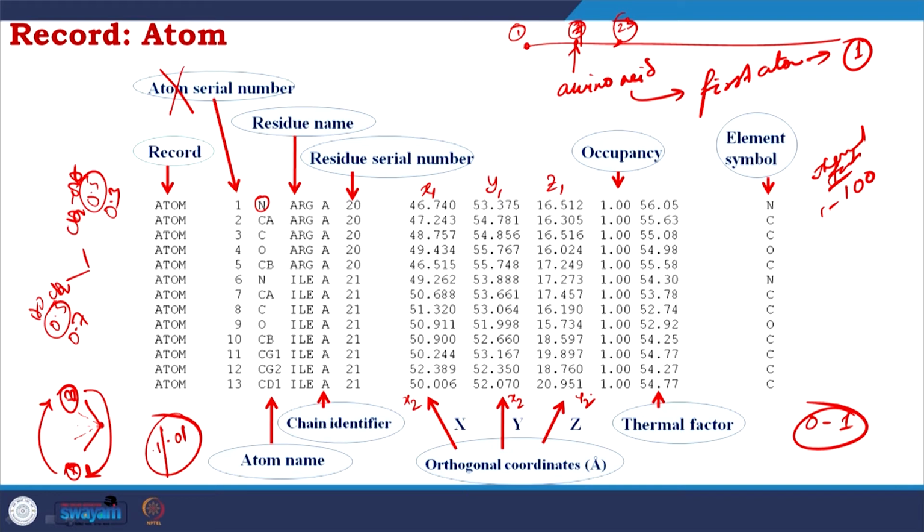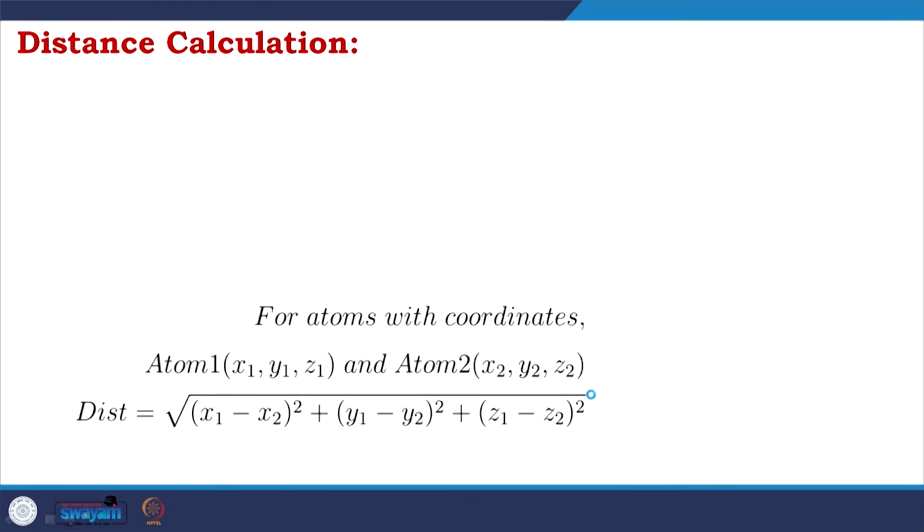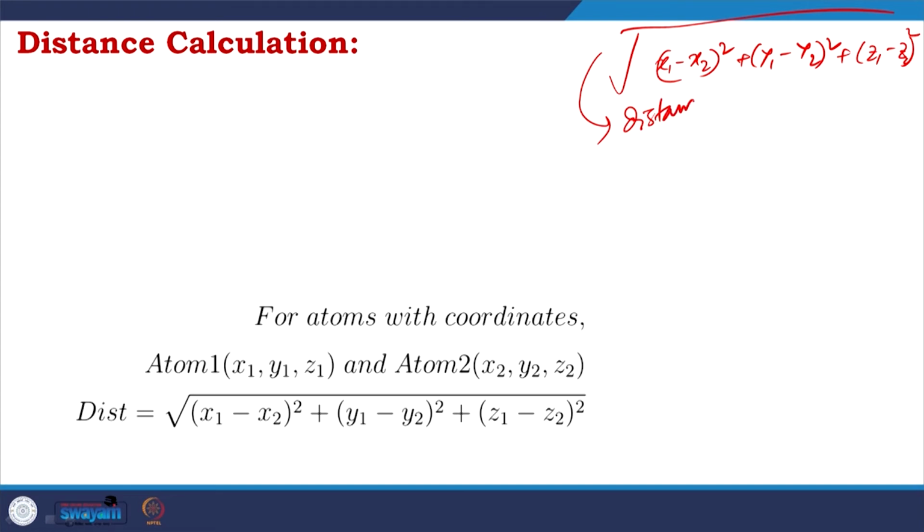Then you take these values and use this formula: the square root of x1 minus x2 whole square, plus y1 minus y2 whole square, plus z1 minus z2 whole square, and you get the distance.